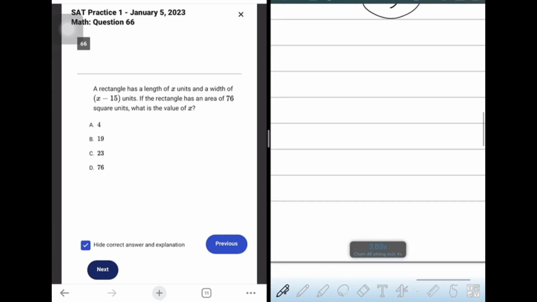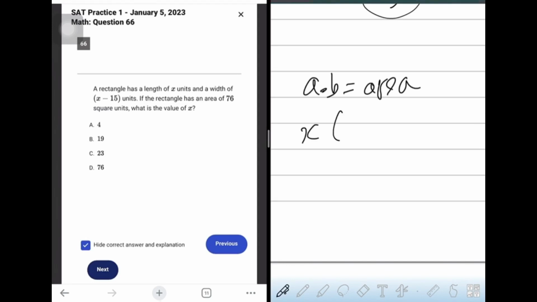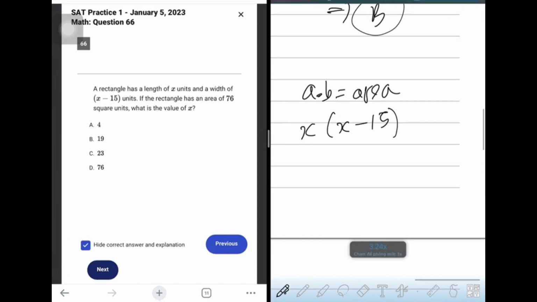That one is easy, you only need to remember the formula for the area of a rectangle. So it's A times B equals area. Okay, so the length is x, and then the width is x minus 15, and we have an area of 76.